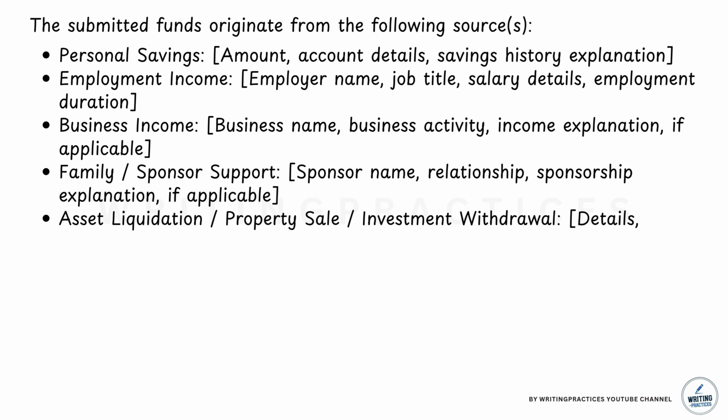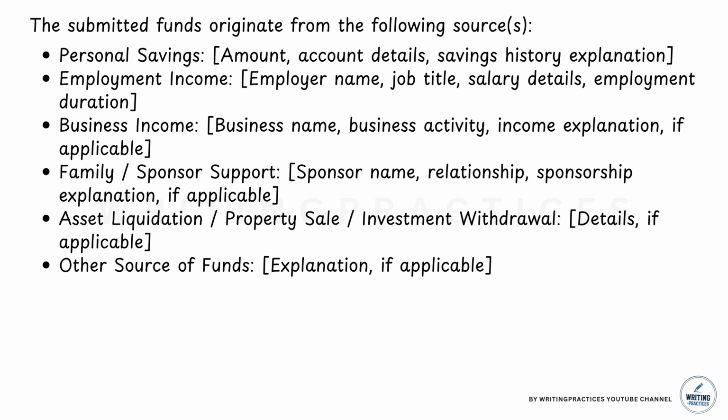Family sponsor support, financial sponsorship from my father, Robert Turner, who has committed $10,000 toward my educational expenses. Investment withdrawal, $4,500 received from the maturity of a long-term investment account. This section is often one of the most important parts of the letter because it allows immigration officers to trace the origin of the funds and determine whether they were obtained legitimately.